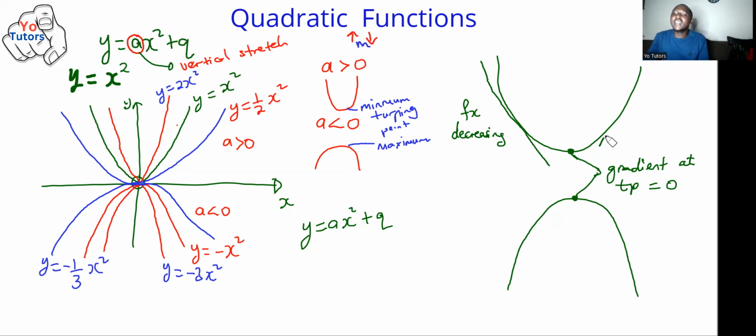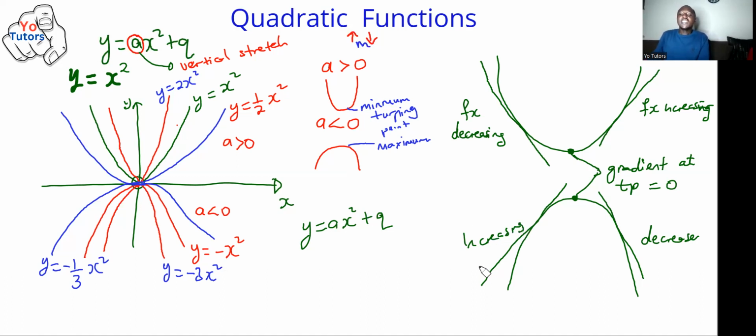And in this part here, from the turning point until infinity, f of x will be increasing. Then here, this has to start with an increase because of the positive gradient. Then here it's a decrease. So here decrease, here it's increasing.